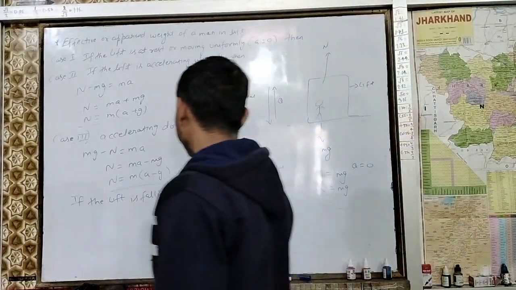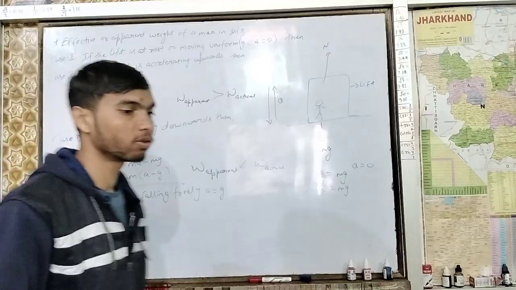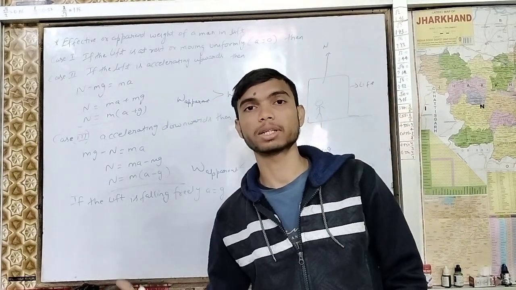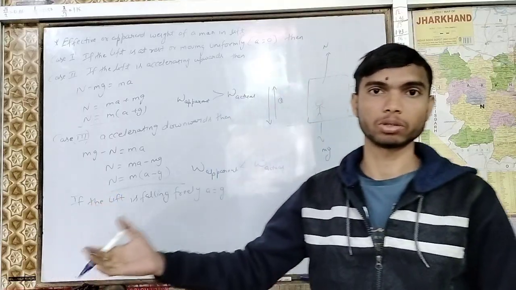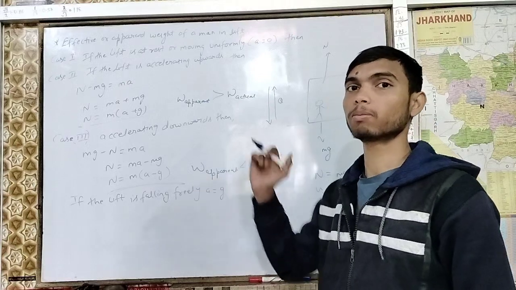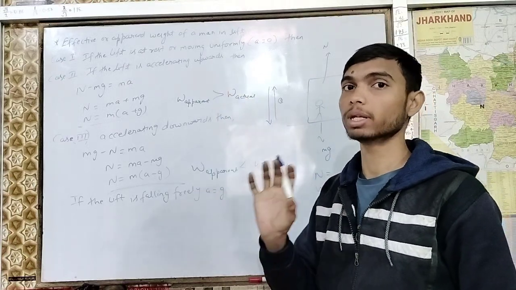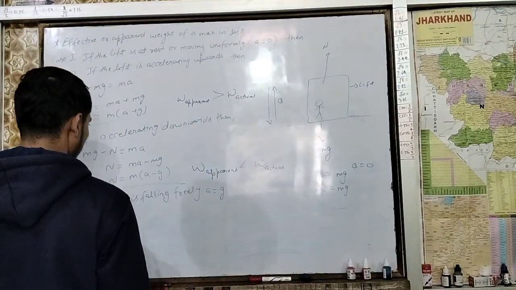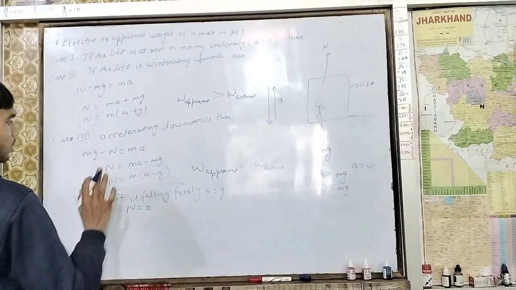In that case, acceleration will be equal to g, so finally we get N equal to 0, means the upward force, the normal reaction, will be equal to 0. M into 0 will be 0.